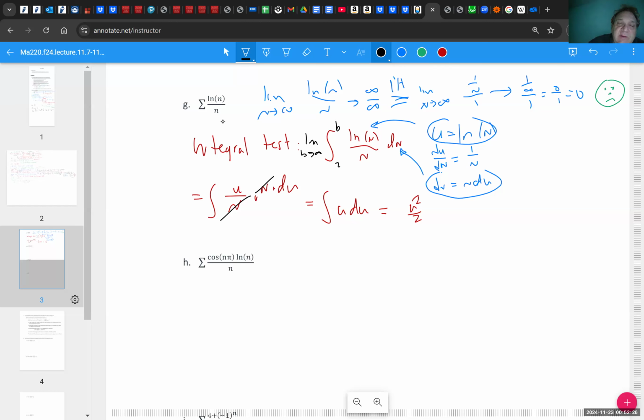The bottom limit doesn't really matter, but you do have to do the actual improper integral. Once you take the antiderivative, you evaluate it from those two endpoints, and you're still taking the limit, of course.